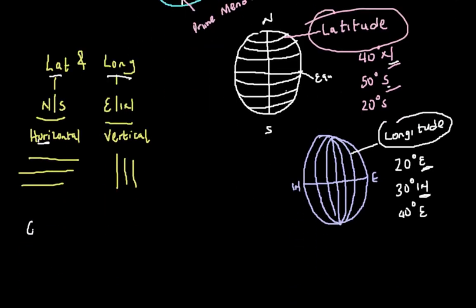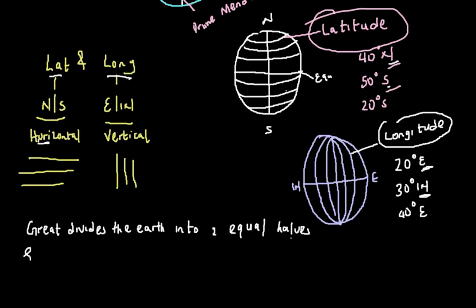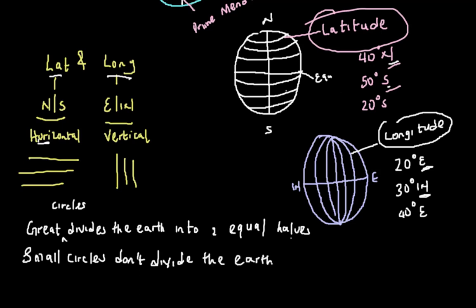Now the last thing I need to explain is what we call great circles and small circles. Now the great circle divides the earth into two equal halves. While small circles is like the opposite. So small circles do not divide the earth into two equal halves.